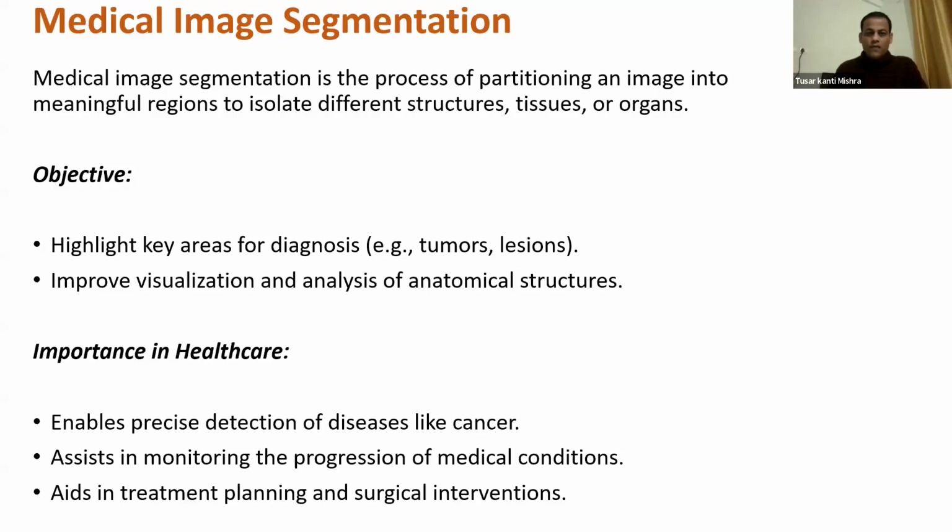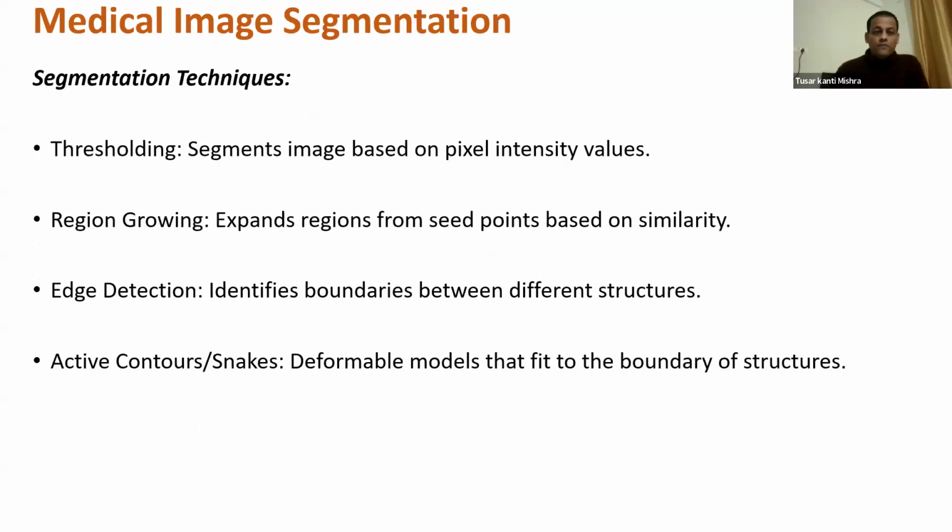That's why it becomes important, and this high risk factor differentiates medical image segmentation from other domains of image segmentation. In healthcare, the importance, there are 3 points I have noted down: enabling precise detection of diseases like fatal disease such as cancer, assisting in monitoring progression of medical conditions, and aiding in treatment planning and surgical interventions.